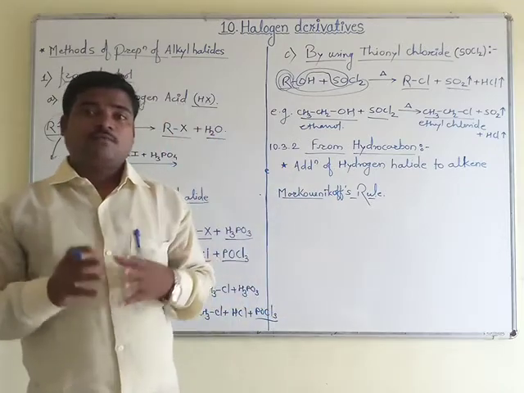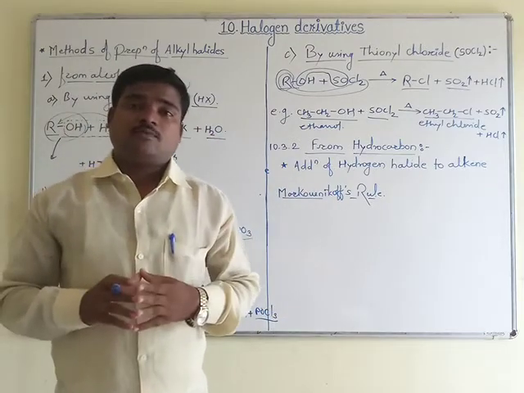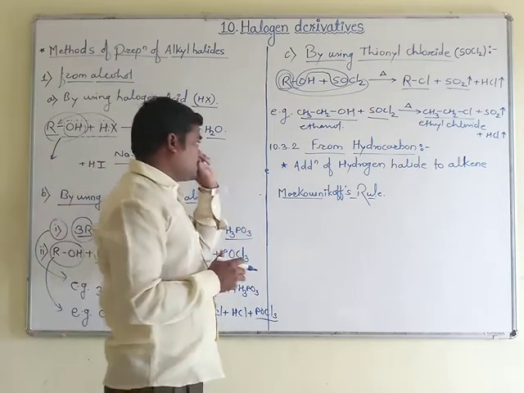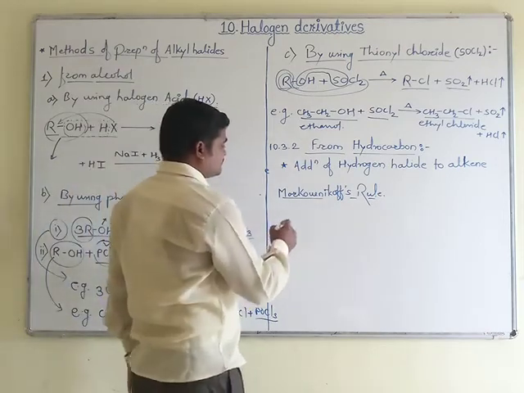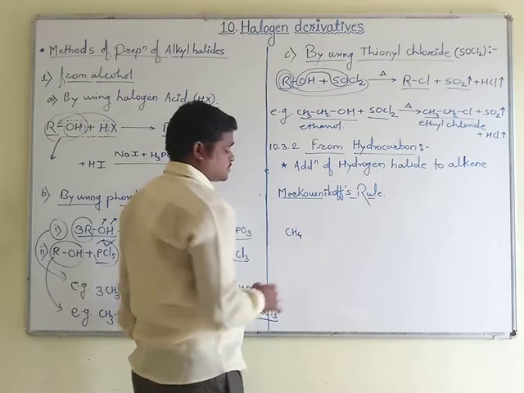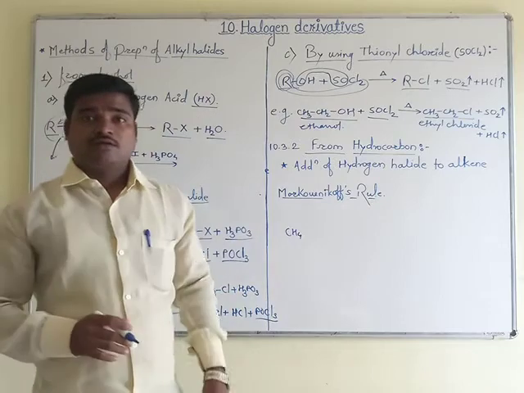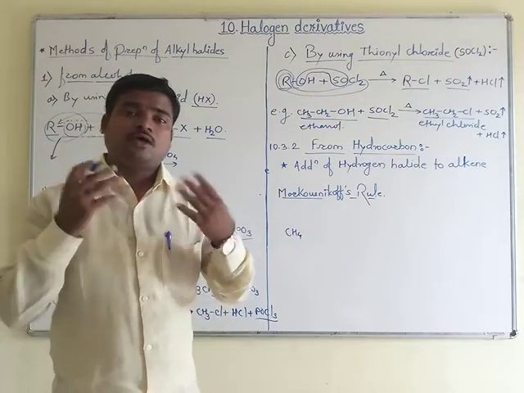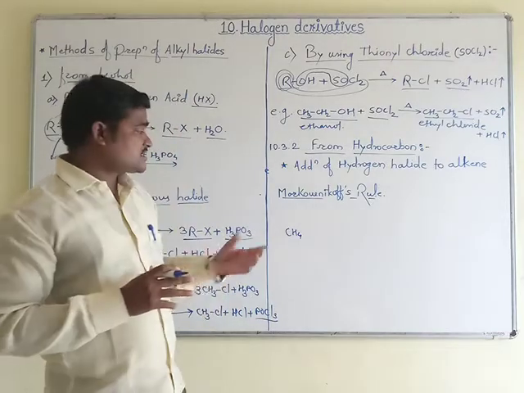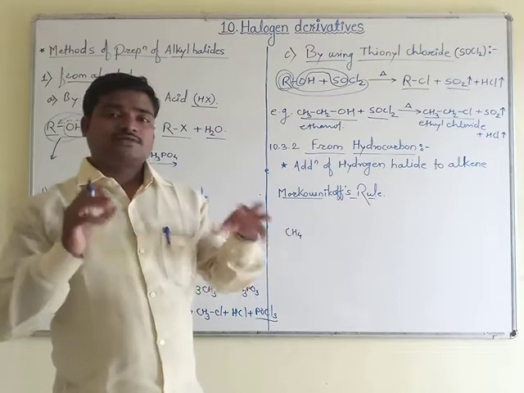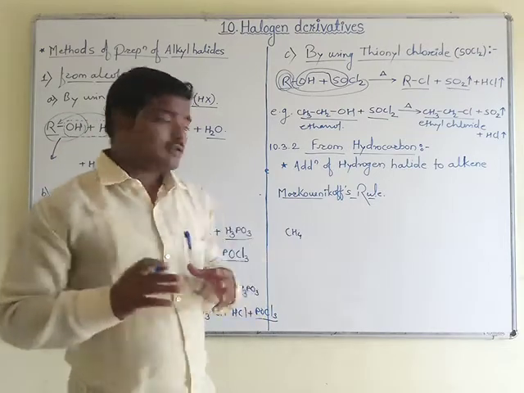From hydrocarbons, if we take an example of alkane, all of you are familiar with it, that is CH4, methane. If we think about how we are going to prepare its corresponding alkyl halide from methane, we know only the simple molecule, methane.